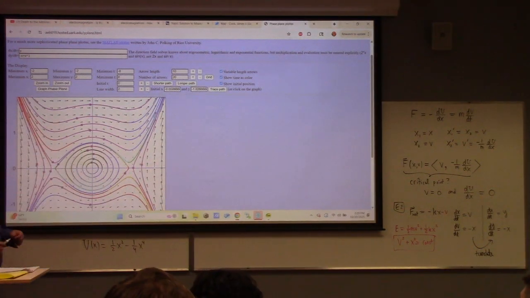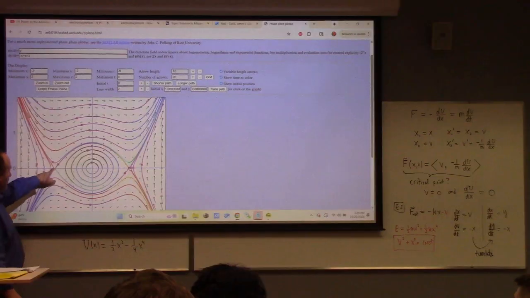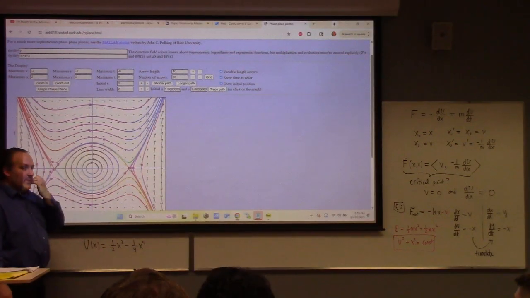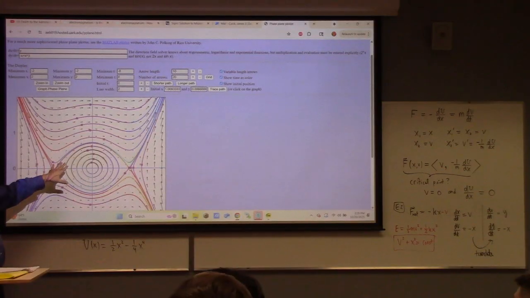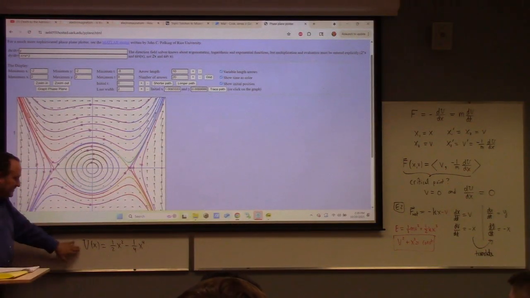That's the potential energy. And apparently, it has not 1, not 2, but 3 critical points. One of them stable, 2 of them unstable. See? Unstable, unstable. Now, I'm not talking about the potential energy at the moment. I'm talking about the corresponding phase plane. How would we graph the potential energy?